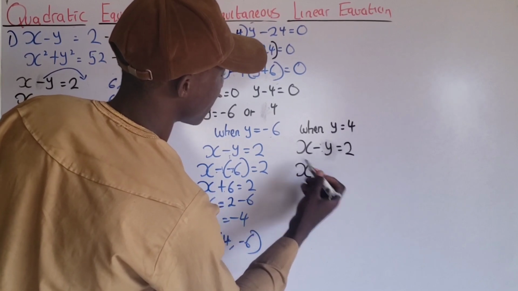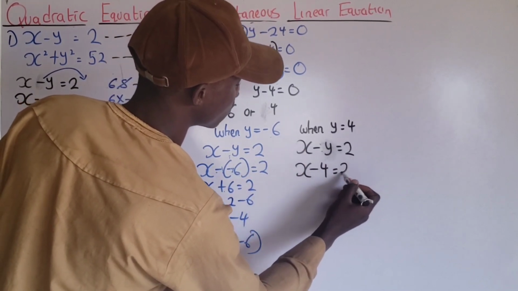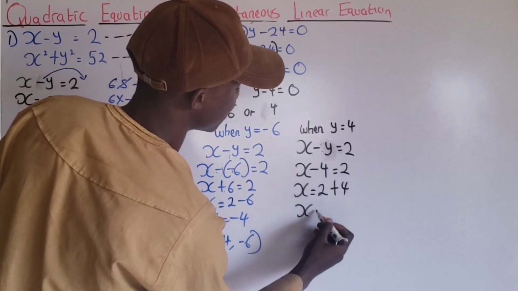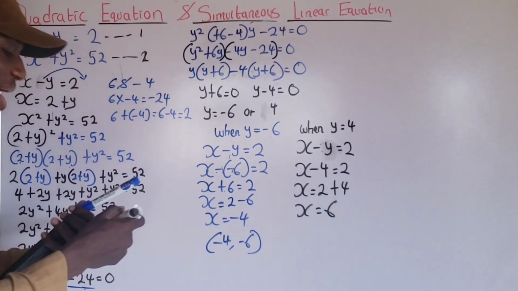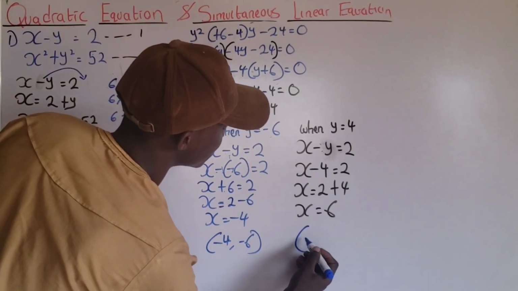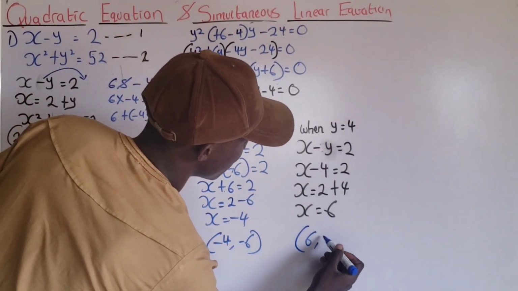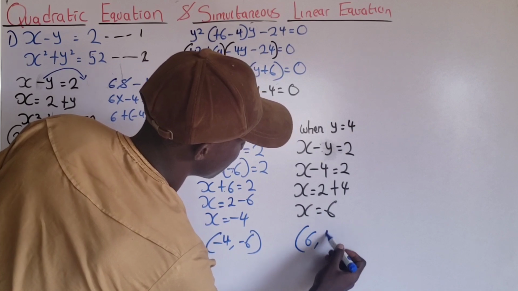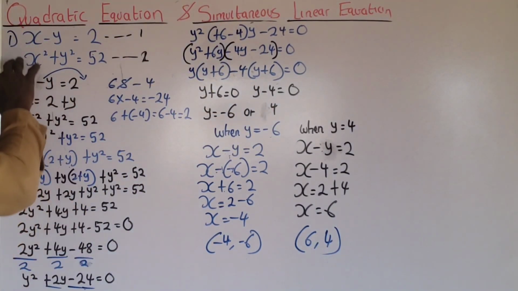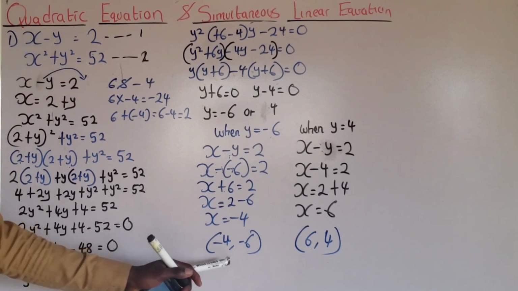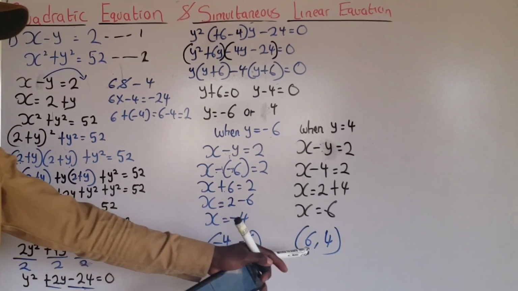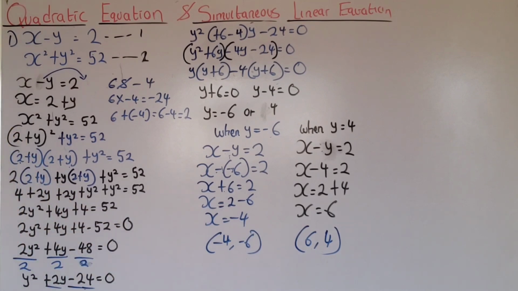So x minus 4 is equals to 2. x is equals to 2 plus 4. x is equals to 6. So when y is 4, the value of x is 6. So the second point is 6, 4. You understand? Okay, so the solution to the quadratic and linear equation is negative 4 and negative 6, and 6 and 4. You see that it's simple.